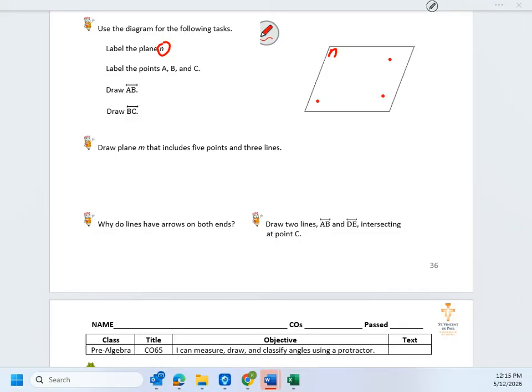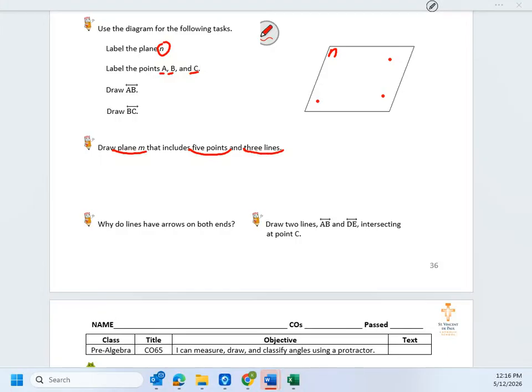Label points A, B, and C. So use your capital letters to label those points. Draw line AB, draw line BC. You're going to fill in on that plane those different parts. Then you're going to draw your own plane, label it M. You're going to include 5 points, labeling them.